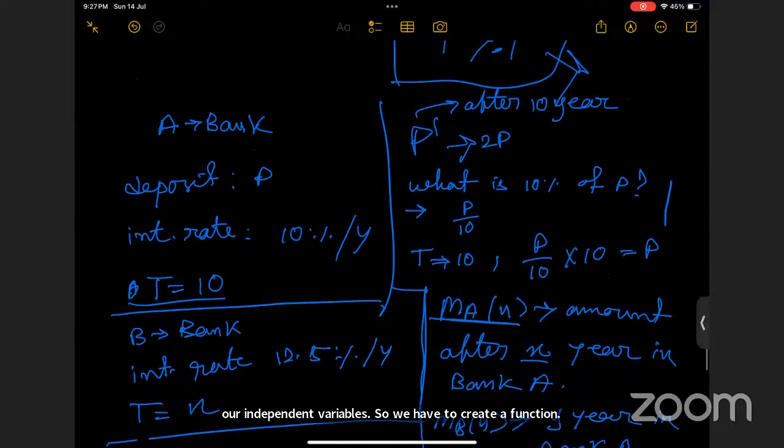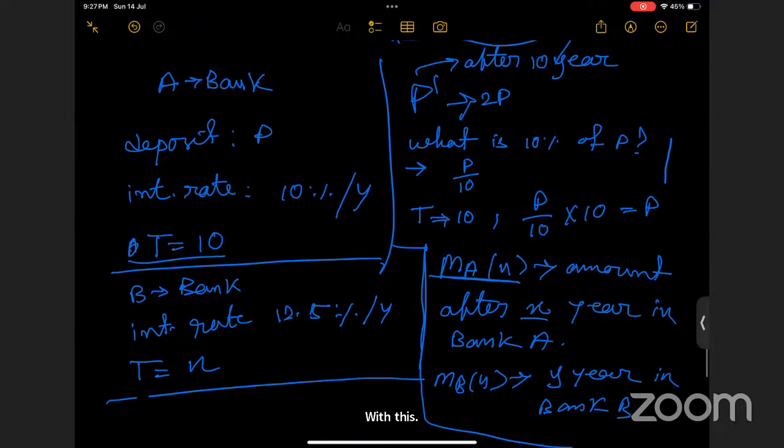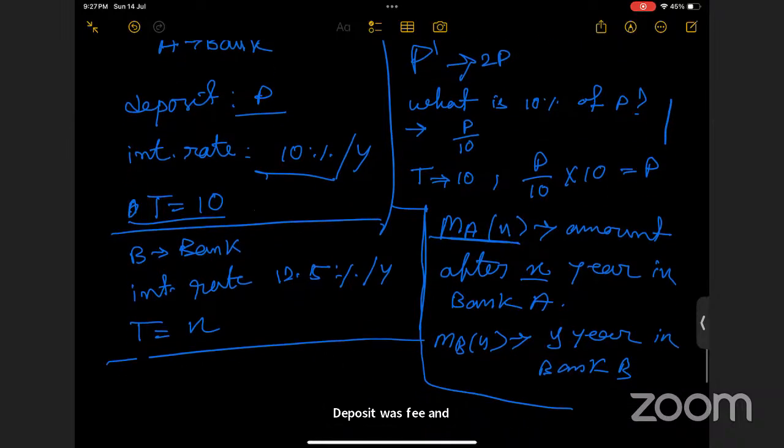Here we have some data given: the deposit was P, and the interest rate is this after T times.